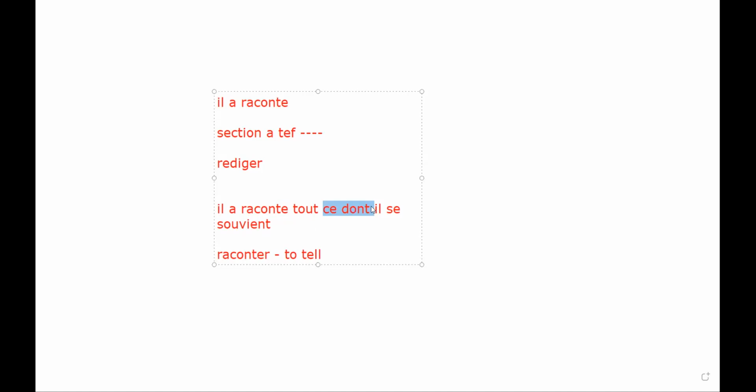Ce dont, which. It means the history which you, now for example, I will say, I have to write something for Bhagat Singh. And I will say, I remember everything which he has done for our nation.